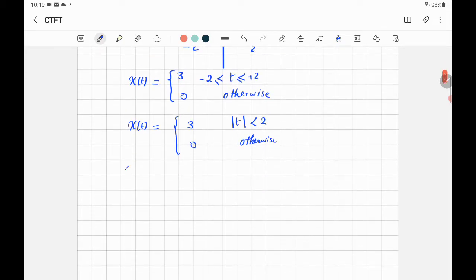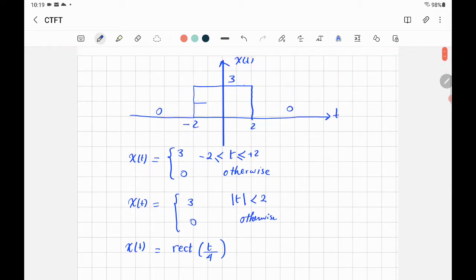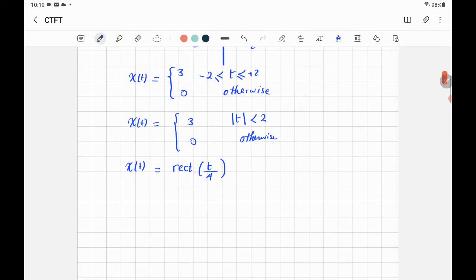Another third expression for the same signal, simply you can say it's equal to 3 times the rectangular pulse of t over 4. What is 4? It's the width of this function. It's from -2 to 2, it means equal to 4. So we have 3 expressions for the same rectangular pulse.